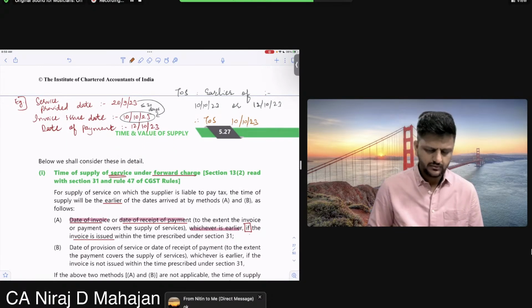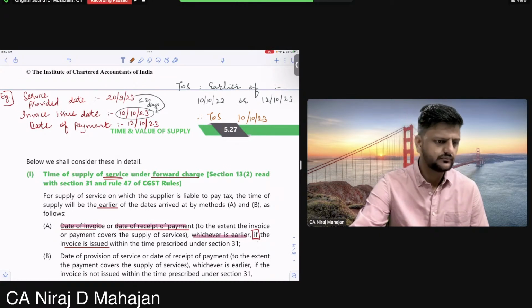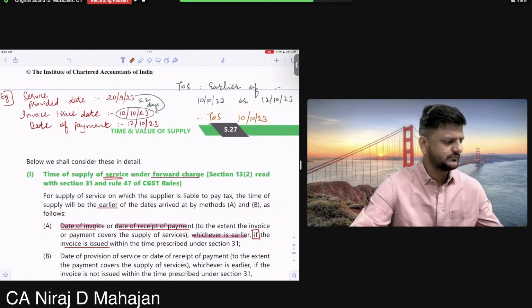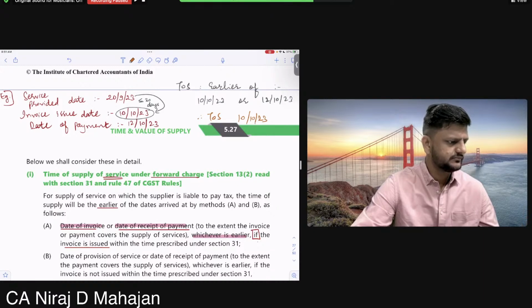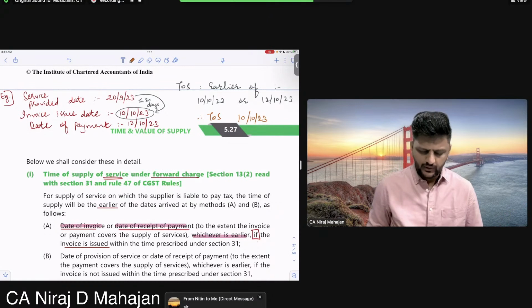Write down this example quickly, everybody. Done till here?